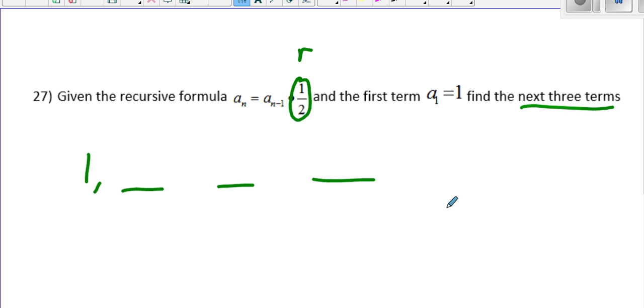So the next 3 terms, multiply by 1/2. 1 times 1/2 is 1/2. Multiply by 1/2 again. 1/2 times 1/2 is 1/4. Multiply by 1/2 again to get the next term. 1/4 times 1/2 is 1/8. There's your next 3 terms.